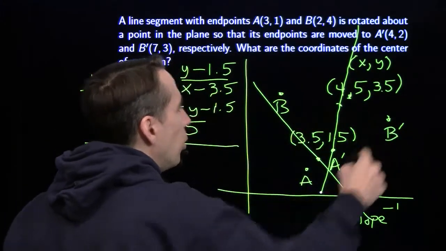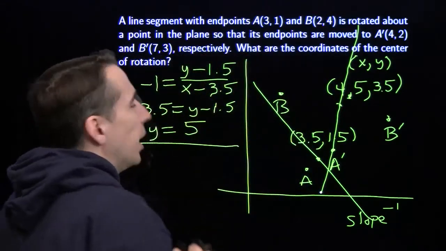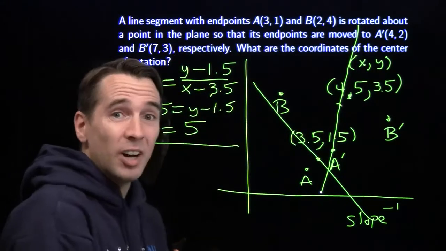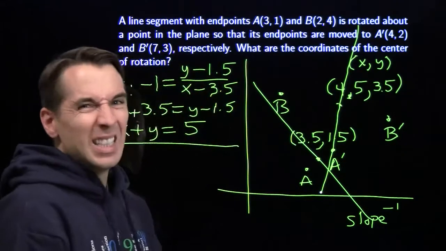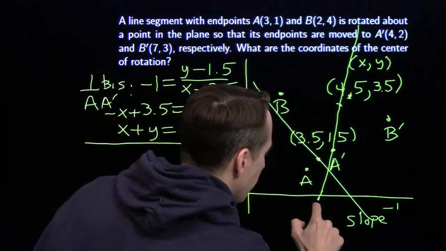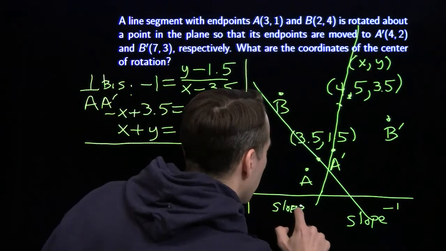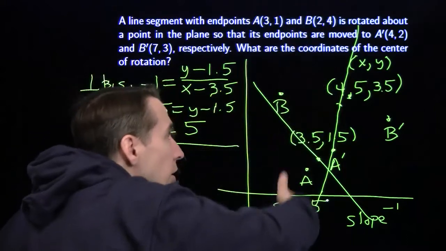Well, we have to find the slope of BB prime. Difference in the y-coordinates, 4 minus 3 is 1, divided by the difference in the x-coordinates, 2 minus 7 is negative 5. So the slope of BB prime is negative 1/5, which means that the slope of our perpendicular bisector is 5.